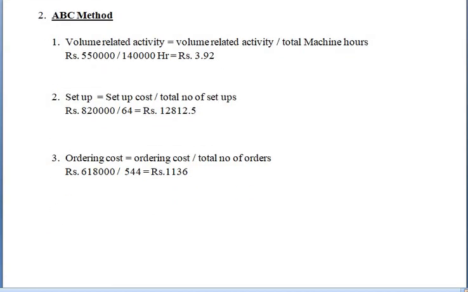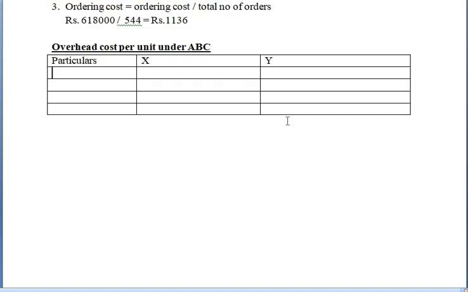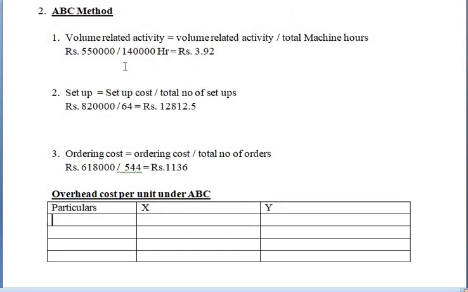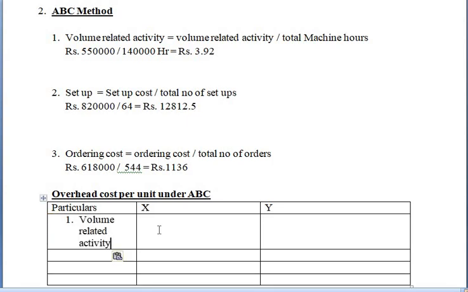Now prepare statement of overhead cost. This is a statement to prepare overhead cost per unit under ABC method. So here we are preparing overhead cost under ABC system. Here we should take activities. What's the first activity? First activity is volume related activity. So in particulars, first one, volume related activity.